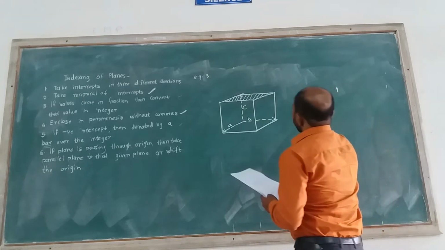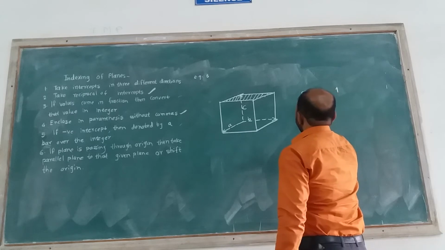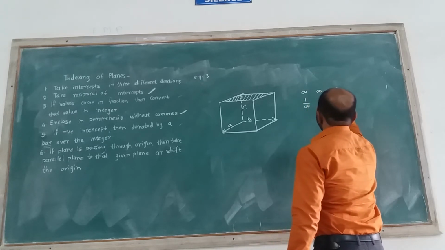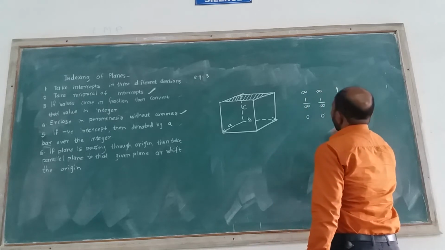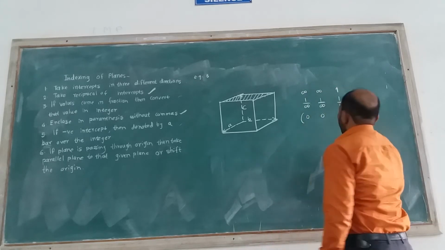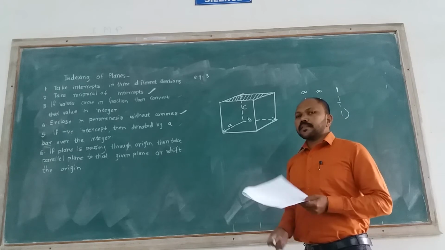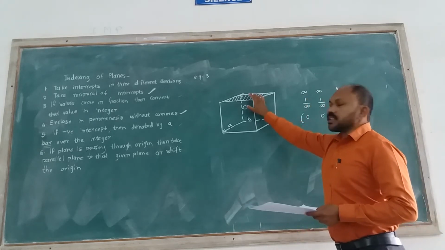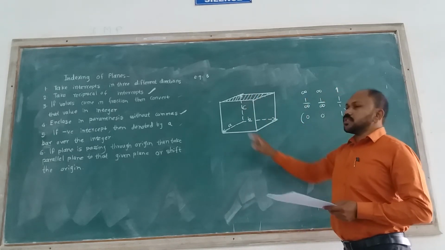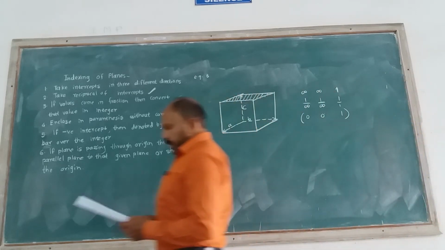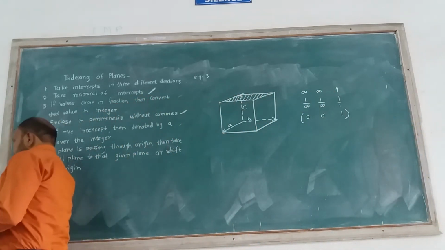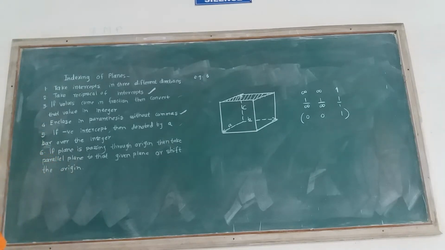If we consider it as 1, then taking the reciprocals, 1 upon infinity, 1 upon infinity, 1 upon 1, we get the values 0, 0, 1. Consider them in parentheses. So for representing this plane, the value becomes (0 0 1).